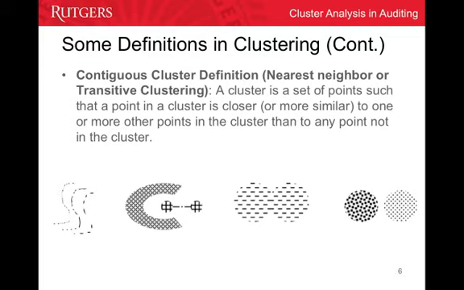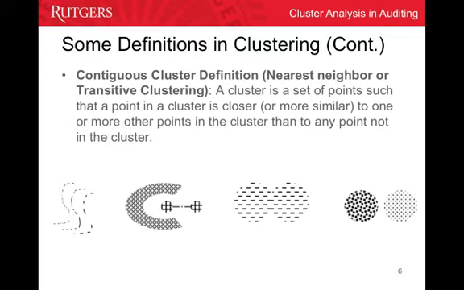According to this definition, a cluster is a set of points such that a point in the cluster is closer or more similar to one or more other points in the cluster than to any point not in the cluster.